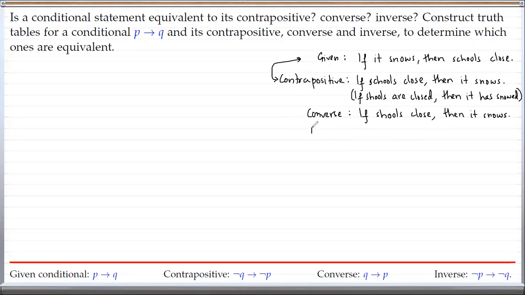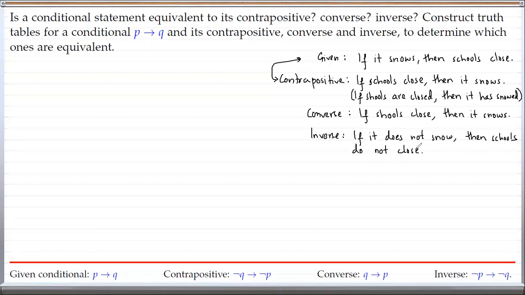Now let's look at inverse. Inverse will be if it does not snow, then schools do not close.